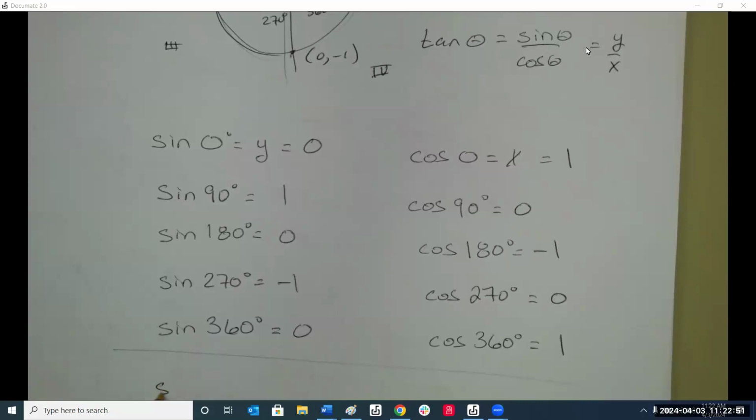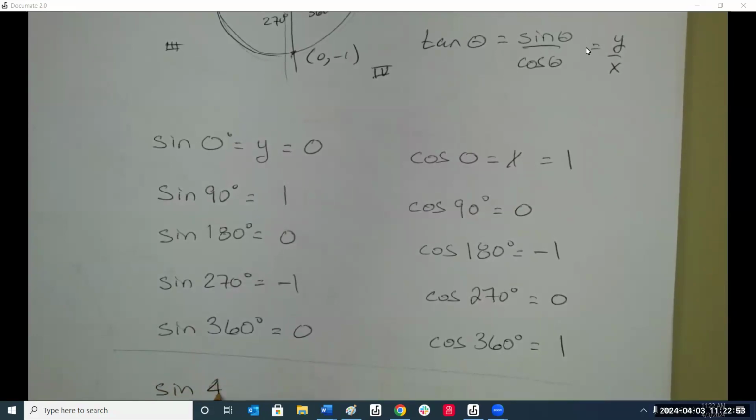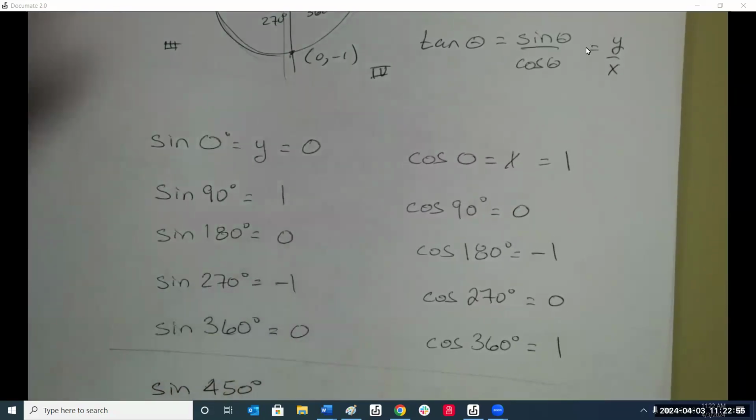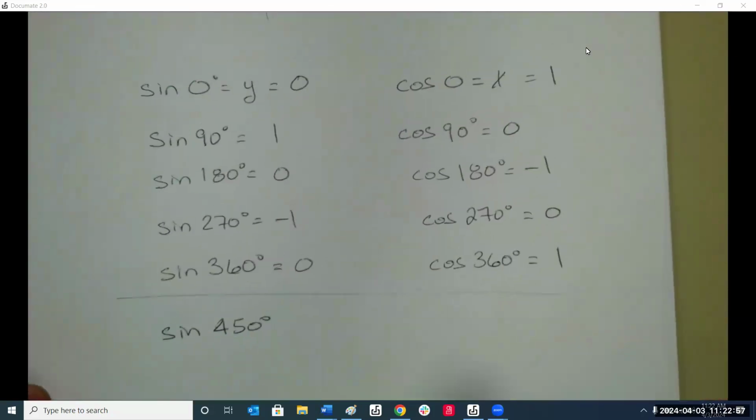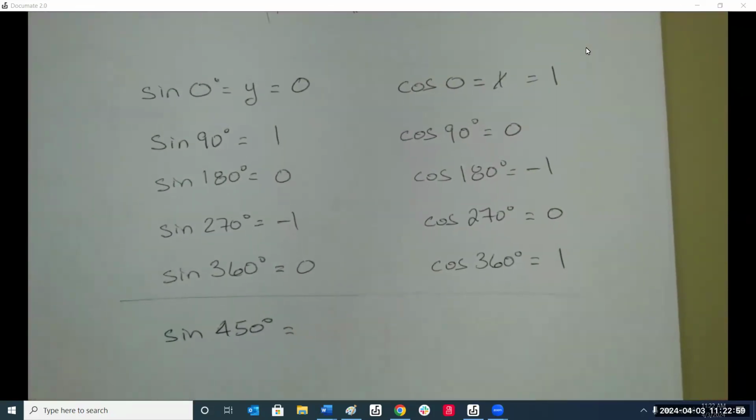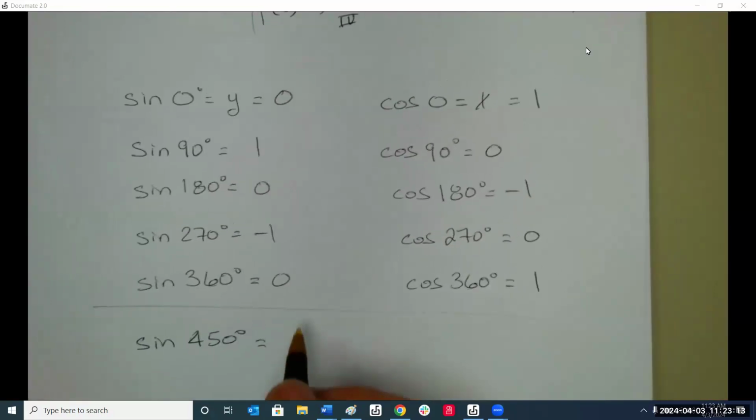How about if I gave you the sine at 450 degrees? What would that be? It would be 1. Well, let's see.